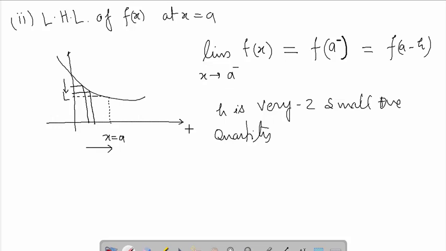So to calculate the left hand and right hand limit, we have one question: how to calculate the right hand and left hand limit for various questions. So let us have a question.